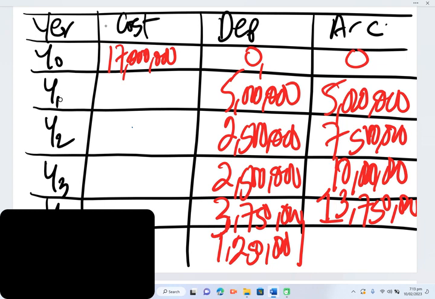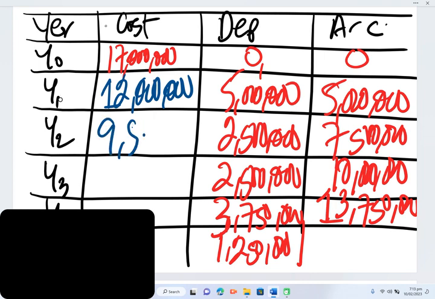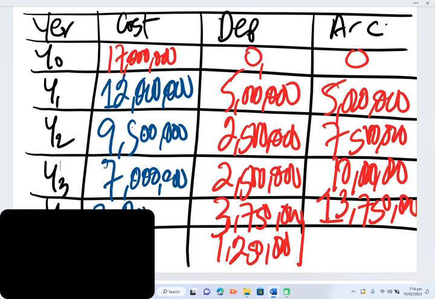Ya kwanza ni 12. Ya pili 9.5. Fuata 7 kamili. Nafuata 3.5. 2.5. Ya mwisho ile less, ndio. Kwa hiyo as you see tumefanya vizuri, si ndio?